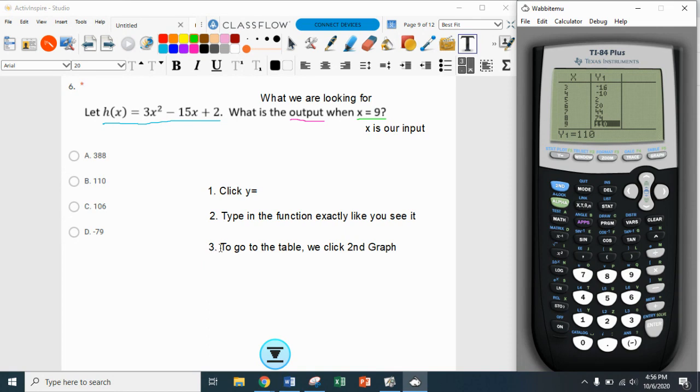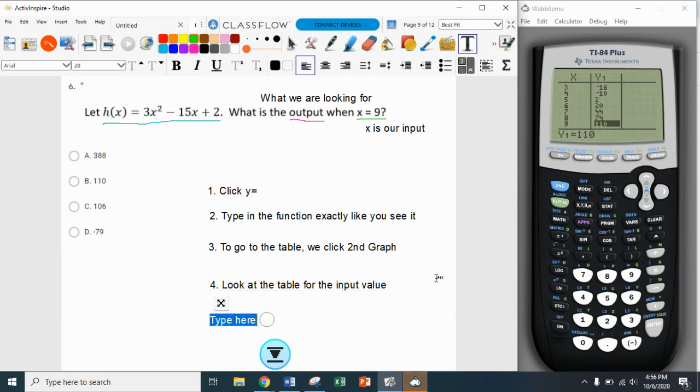We're going to look on the table for our input value. And once we find that input value, we're going to see what is the corresponding output value.